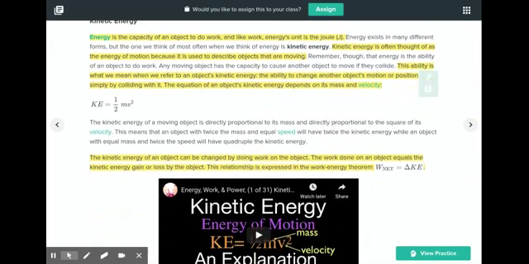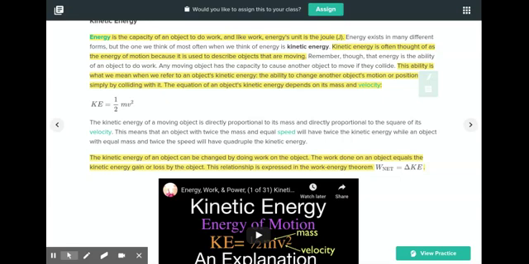The kinetic energy of an object can be changed by doing work on the object, just like you have to apply force. Remember, work is force times distance. So basically, you're applying an external force to change the kinetic energy of the object. The work done on an object equals the kinetic energy gained or lost by the object.